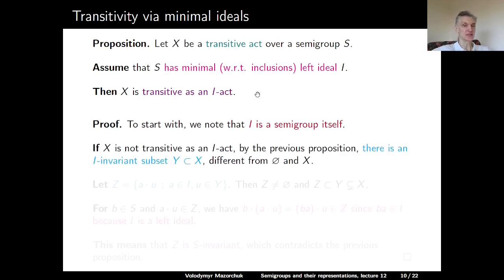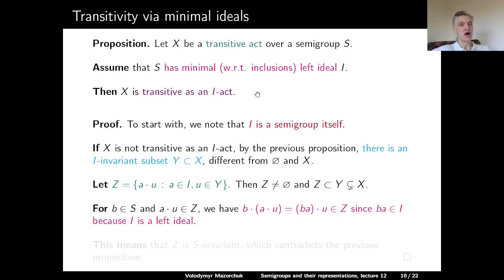So if X is not transitive as an I-act, by the previous proposition there is an I-invariant subset Y in X, which is different from the empty set and from X. Let us denote by Z the set of all elements a applied to u, where a is an element in I and u is an element in Y. Then of course Z is non-empty, and it belongs to Y, which means that it's different from X. For an element b in S and an element a applied to u in Z, we have that b applied to a applied to u is equal to ba applied to u.